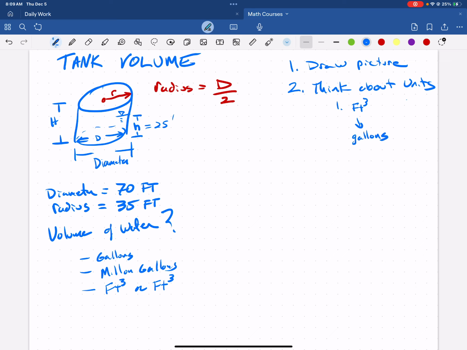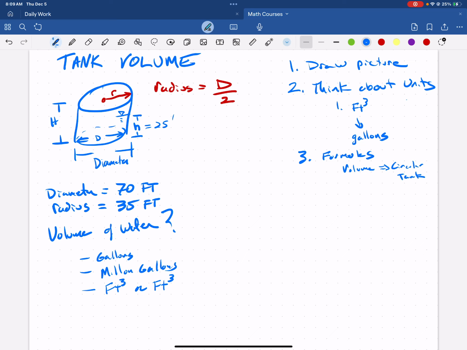Then we need to know what formulas we need. Here, we're going to need to know the volume of a circular tank.